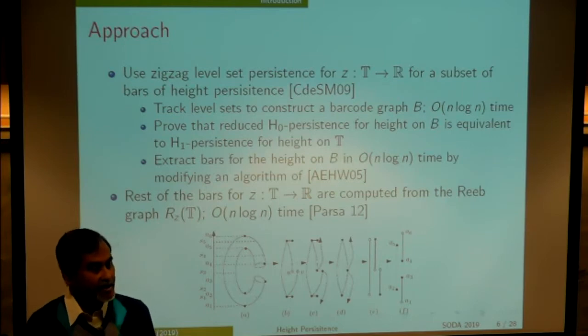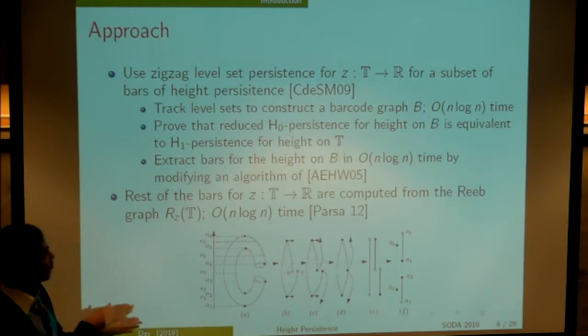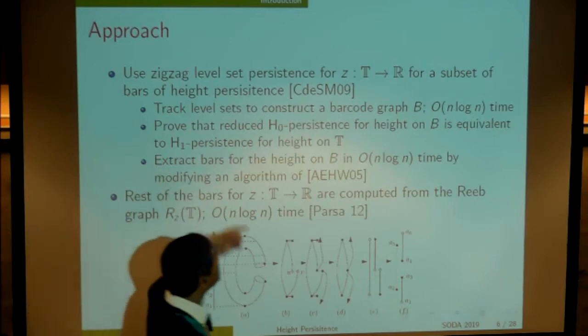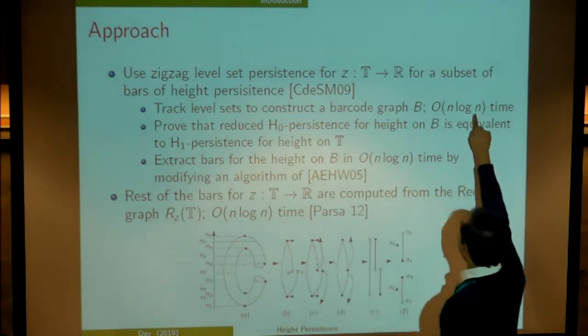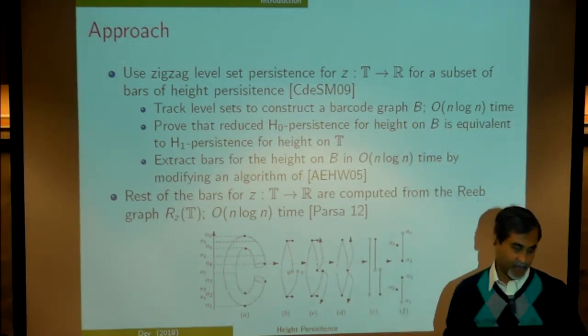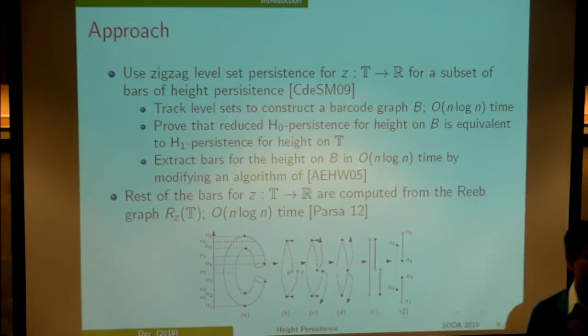Now, what I'm going to do is track the level sets as I go over the heights, and I can do that in n log n time. At the same time, I'll be computing a graph that I'm calling the barcode graph.